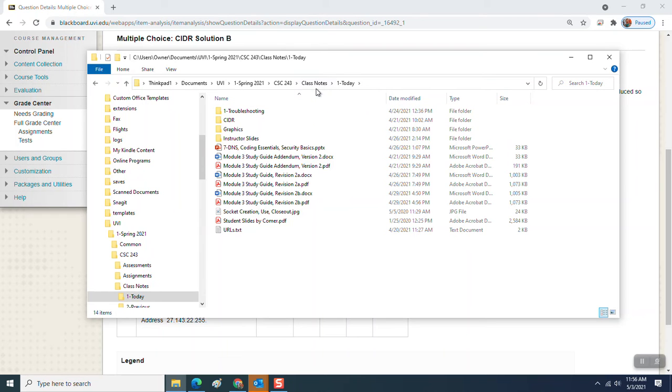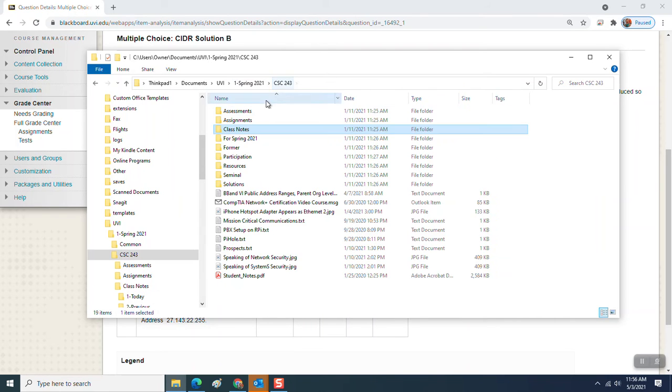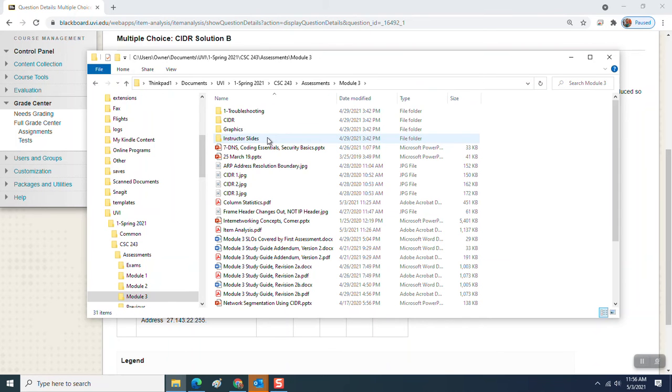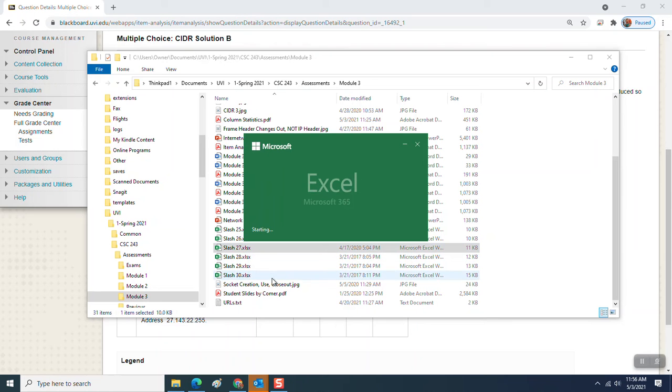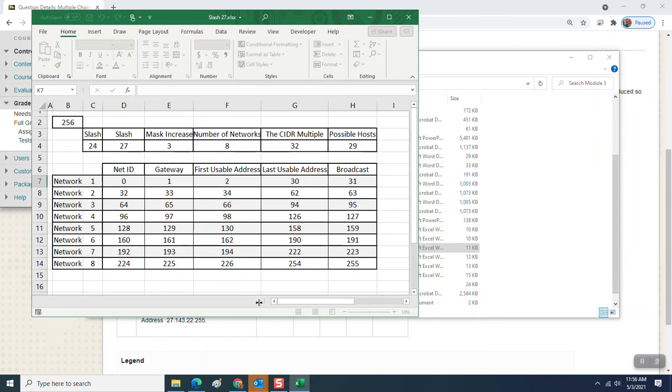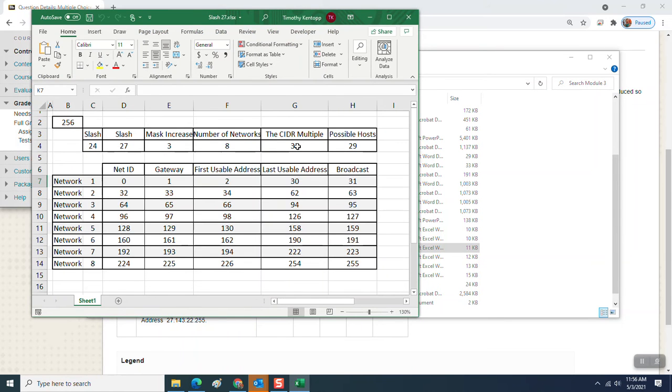Let's see. If it's a /30, that's a very small one. 4 hosts, that's a pinhole. 8 hosts, 16 hosts. Let's try the /27. CIDR multiple is 32. There are 29 possible hosts.